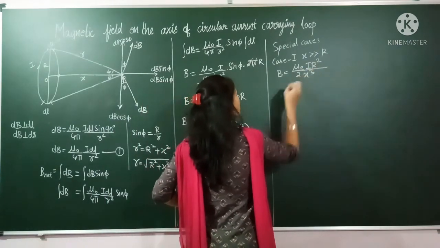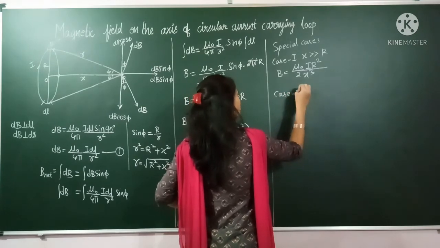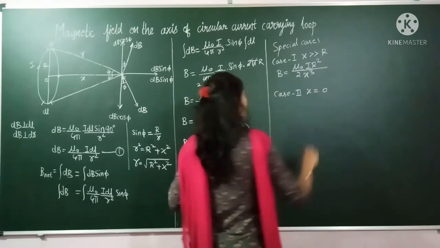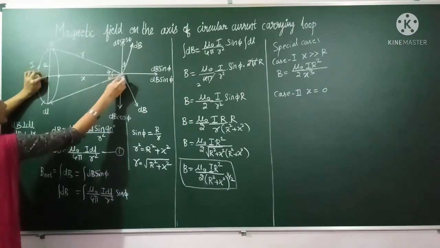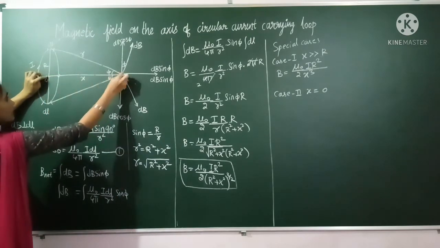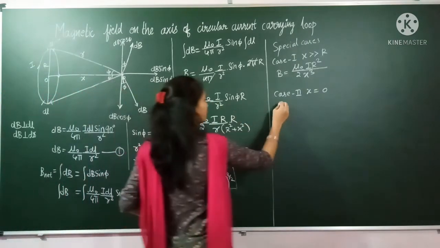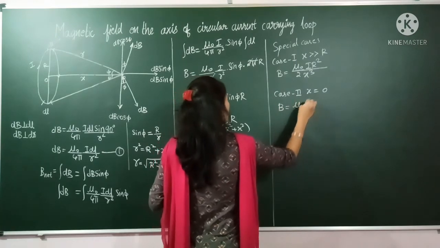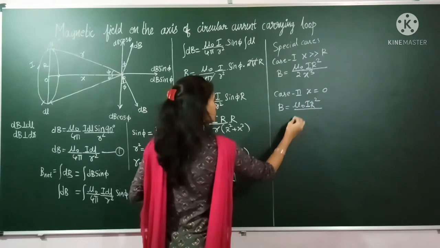Next we will take case 2. In case 2, the x value is equal to 0. The x value is 0 means this point P is at the center of the loop, then the x value will become 0. So when the point P is exactly at the center of the loop, what will be the magnetic field? B is equal to μ0 I into R² divided by 2.